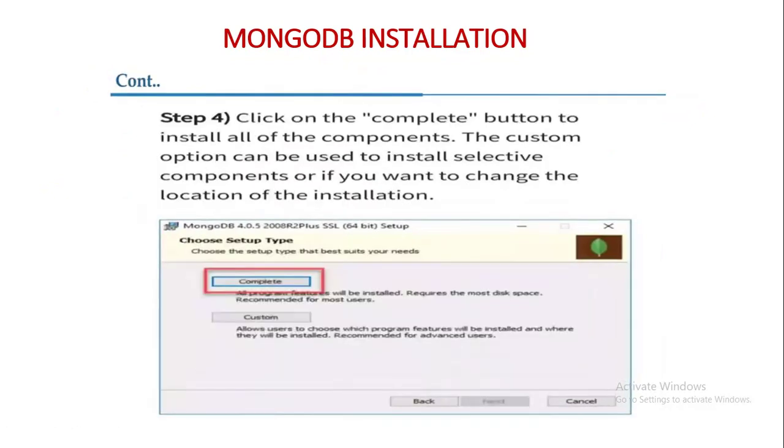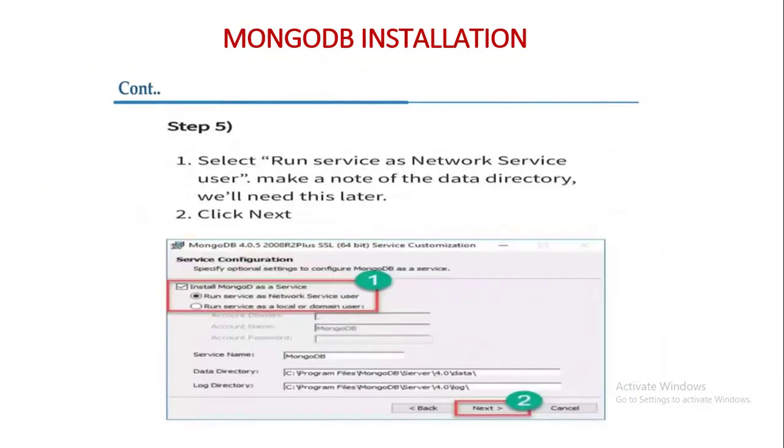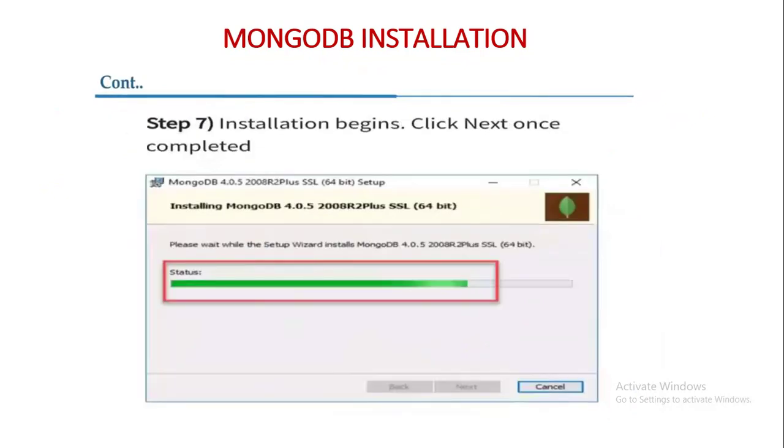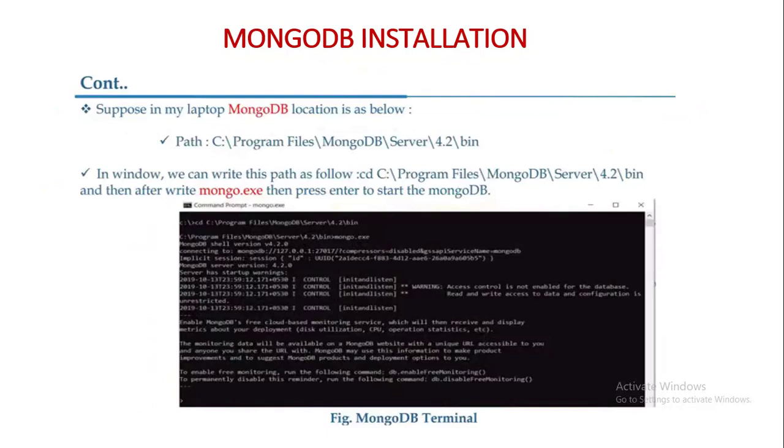Then complete. The next one is to run the service as a network service. Then install. After installation, MongoDB will be installed. We can go to the directory C:\Program Files\MongoDB\Server, the corresponding version, and bin, and view the command mongo.exe.